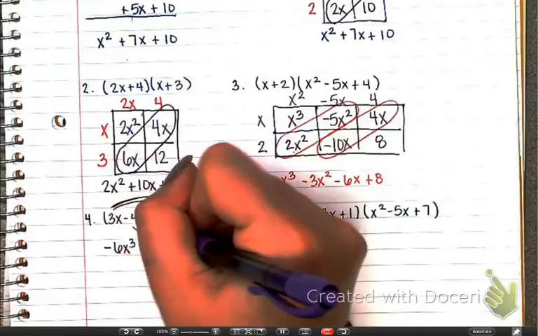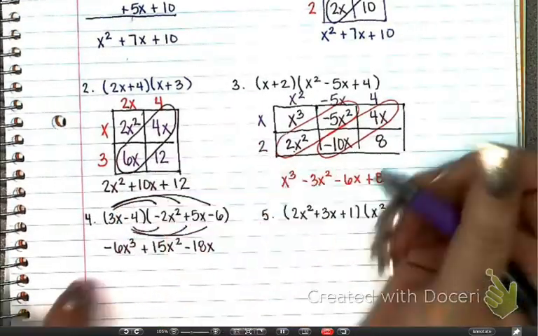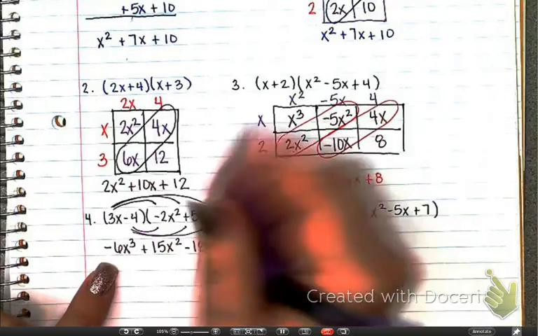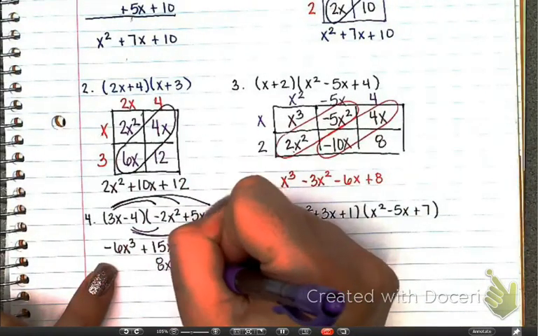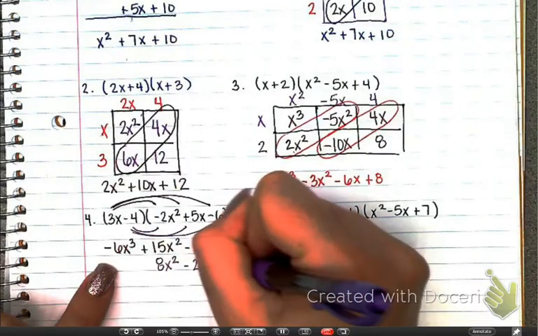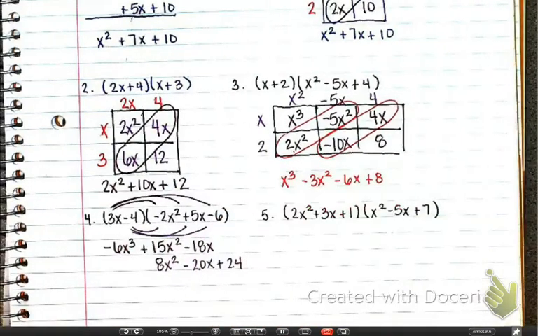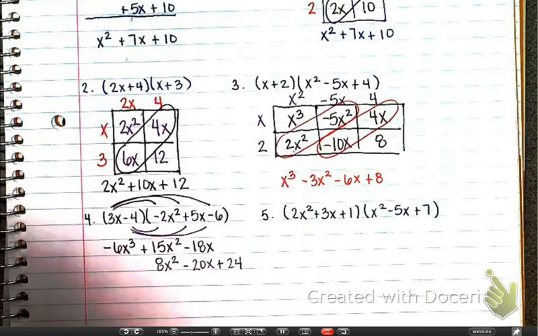If I distribute this negative 4, I get 8x squared minus 20x plus 24. That should also be a row in your box or a column, depending on how you set up your box.